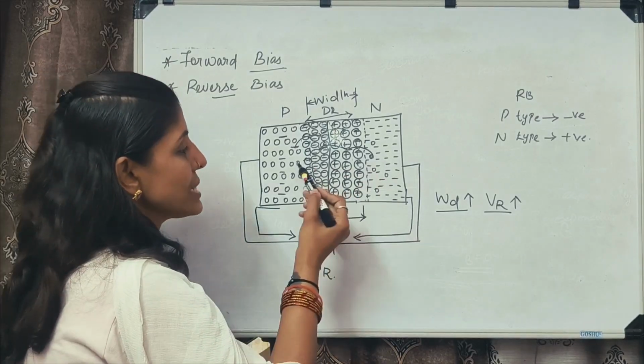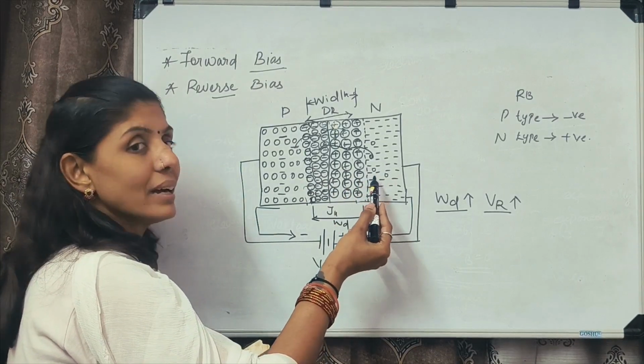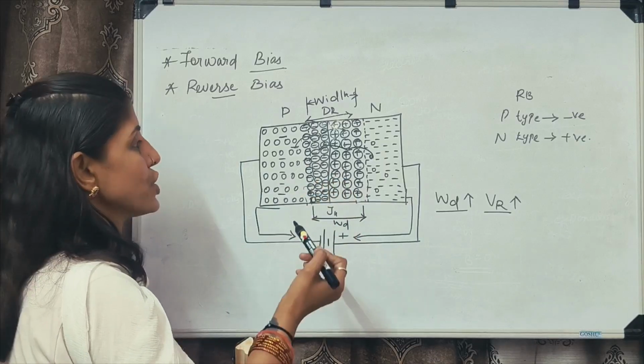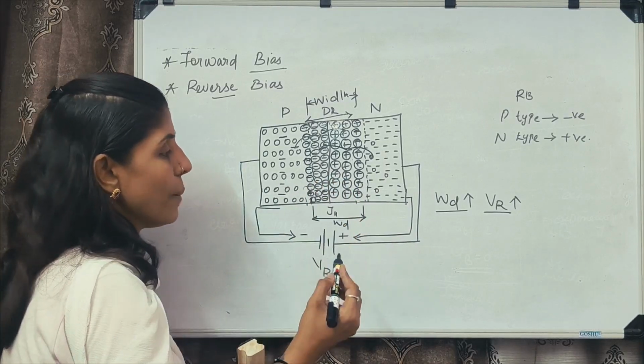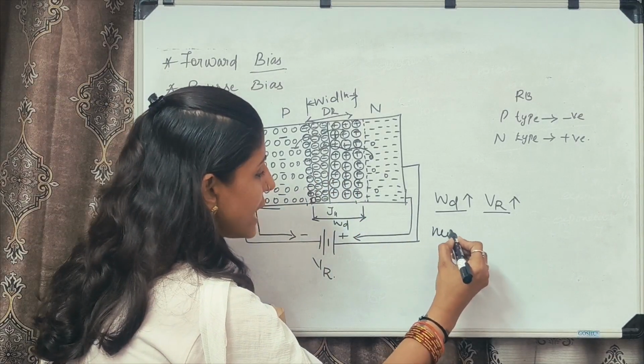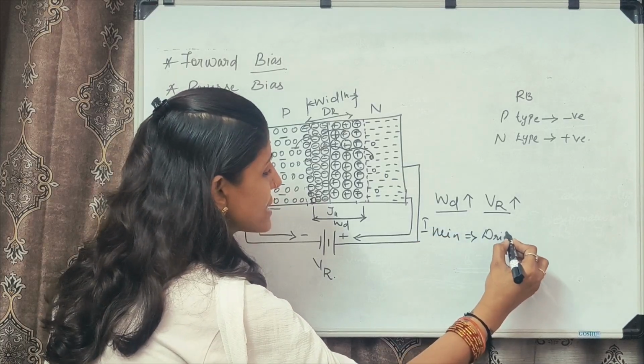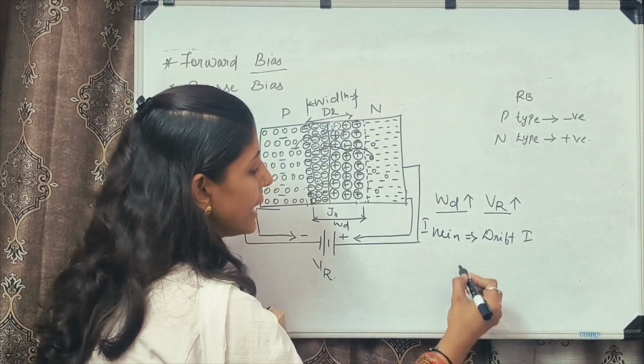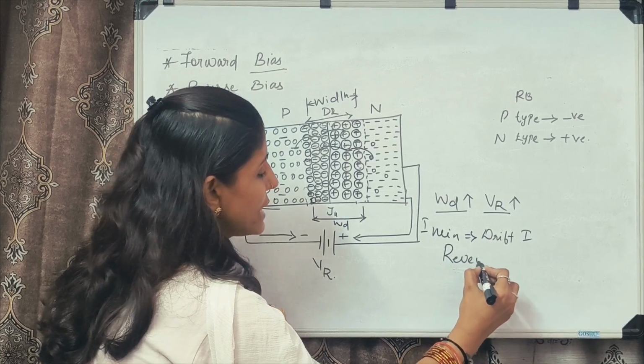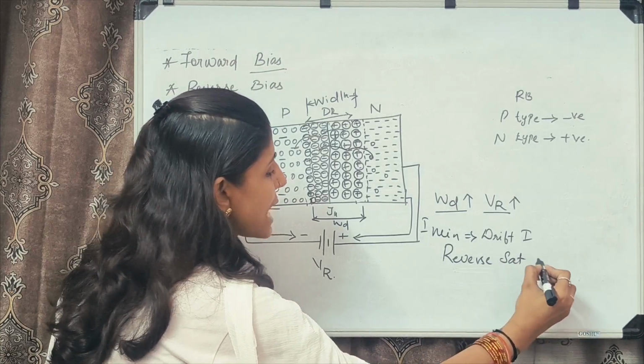So what is actually moving now? Only the minority charge carriers are moving, right? So the minority charge carrier current, as I already said, we used to call it a drift current, otherwise we can call it a reverse saturation current.